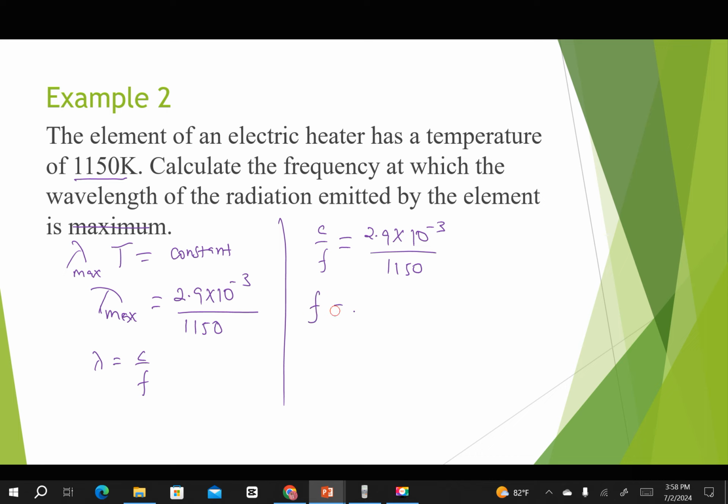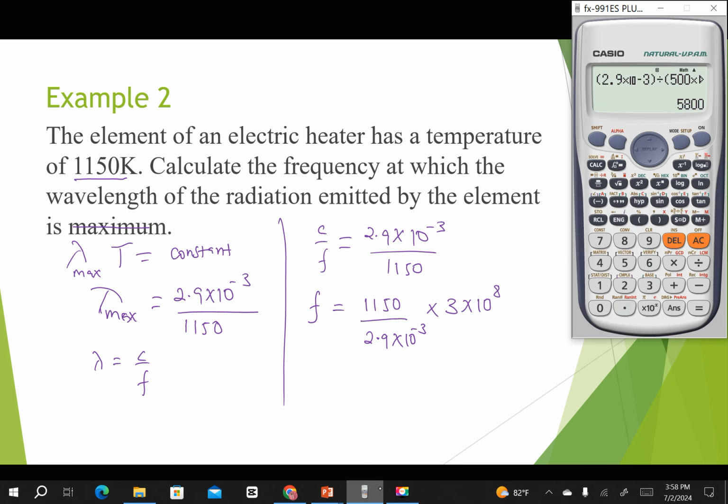So f is equal to 1,150 divided by 2.9 times 10 to the power of minus 3, then times C, the speed of light, which is 3 times 10 to the power of 8.